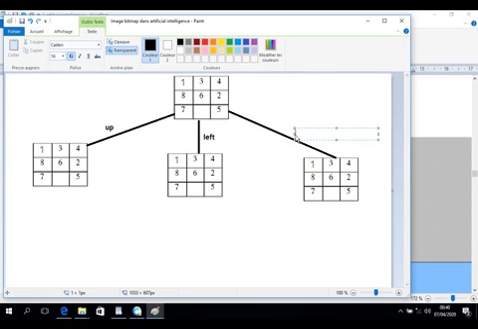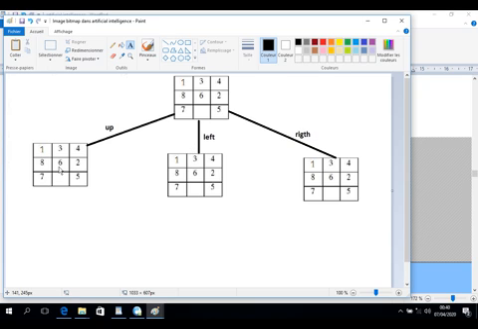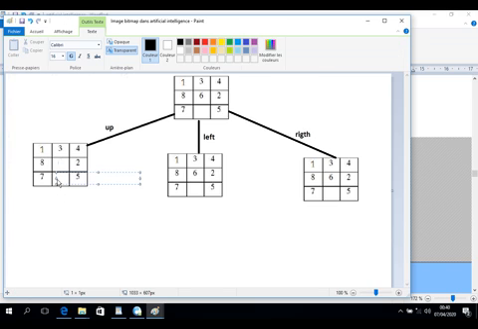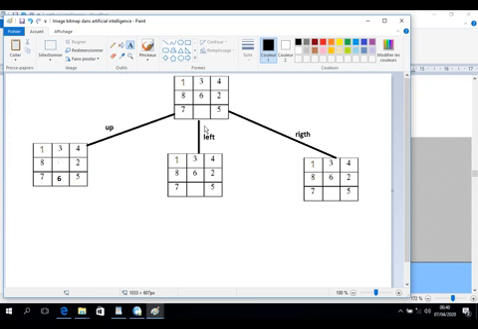If we have left and right, okay, if you move up it is going to be like this. So this 6 is going to go down like this, up, and then left. So the empty space you move to the left.